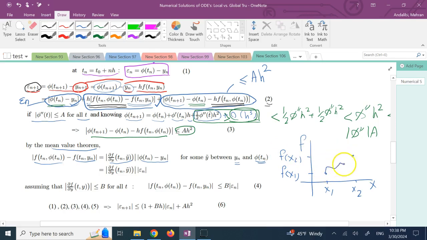then if this is my function, I can find a point somewhere between x1 and x2 such that the slope of the line connecting the 2 points is equal to what? Equal to the derivative of the function at that point.